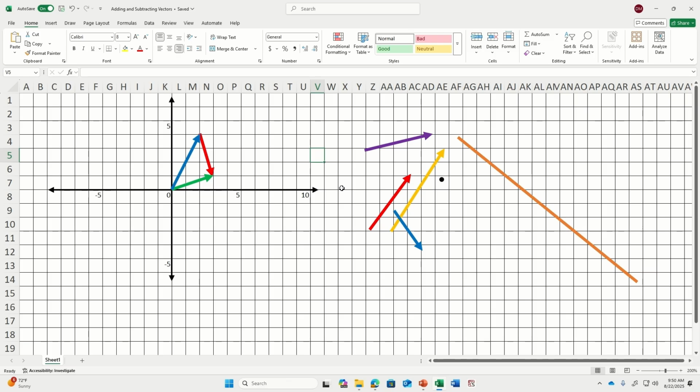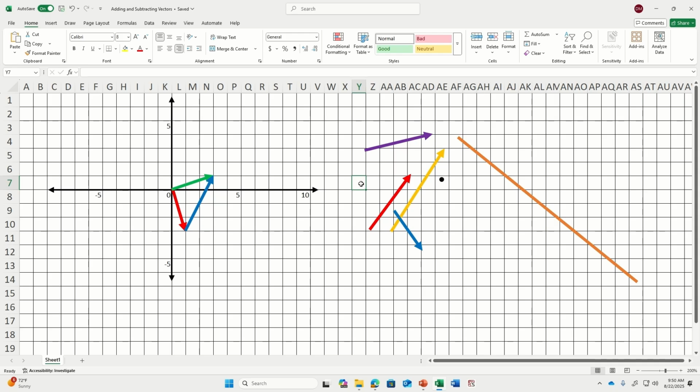Okay? And you'll notice that addition is commutative, which means it doesn't matter what order I add those vectors in. I could do the red one first and then the blue one, and I still get the same sum. Right?